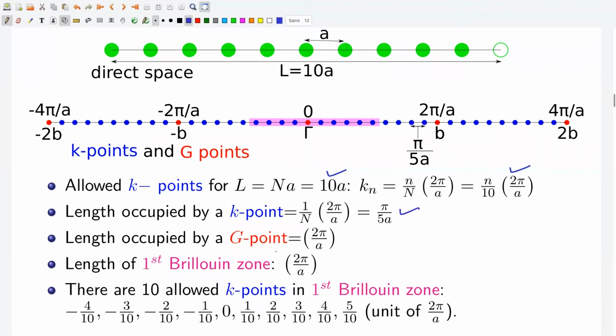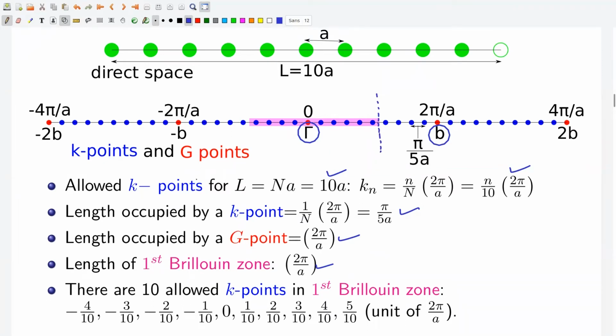Distance between two adjacent G points, which is the same as the length occupied by a G point, is equal to 2π/a. Length of the first Brillouin zone is also 2π/a. To get the first Brillouin zone, we have to draw the perpendicular bisector of a line joining the gamma point and the b point, and the line will be approximately here.